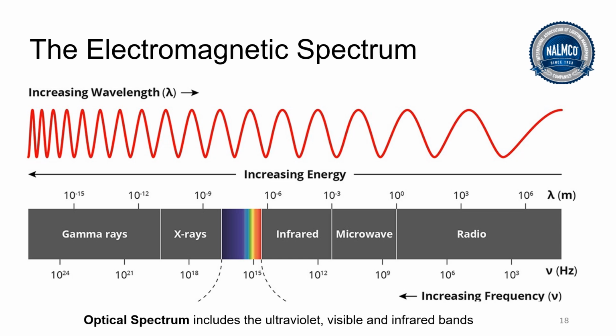And if we go to shorter wavelengths than ultraviolet, we get into the X-ray region and gamma ray region. These radiations are what we generally think of when we're talking about radiation hazards. That's also termed ionizing radiation. The optical spectrum gives the ultraviolet, the visible, and the infrared.